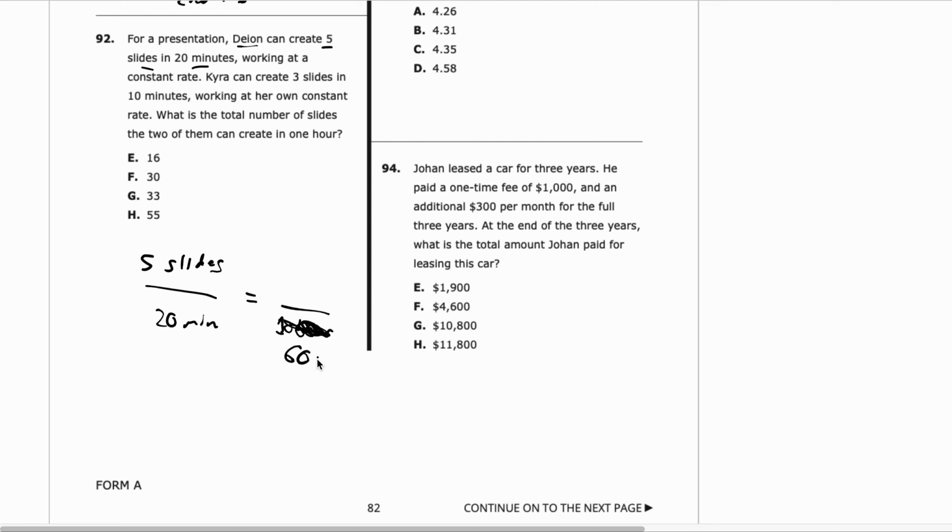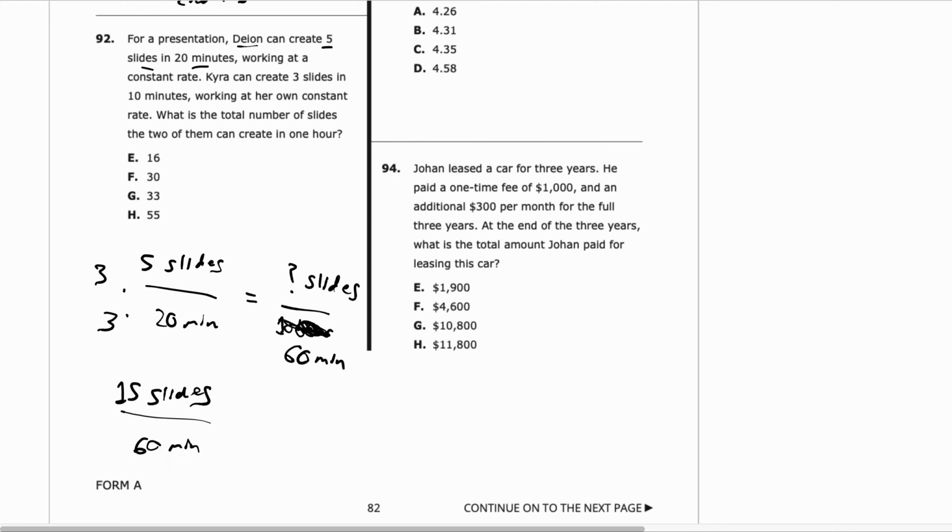So this is just 60 minutes. How many slides can he create in 60 minutes? You could cross multiply and solve, but basically you just need to multiply both sides by 3 here, and so you would get 15 slides in 60 minutes.